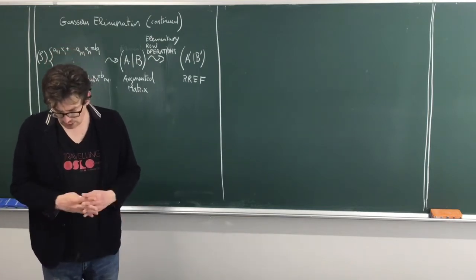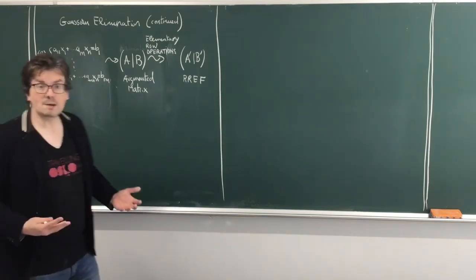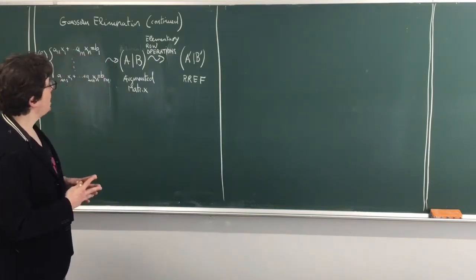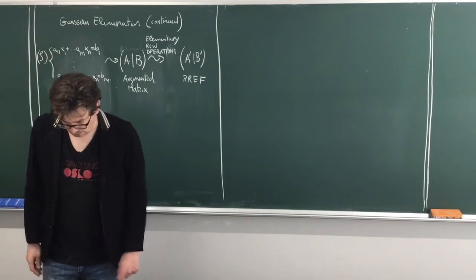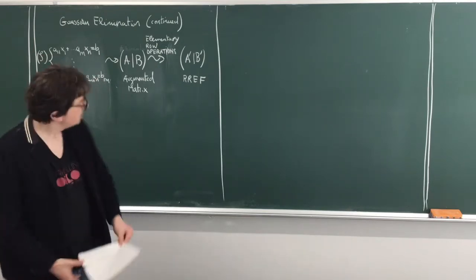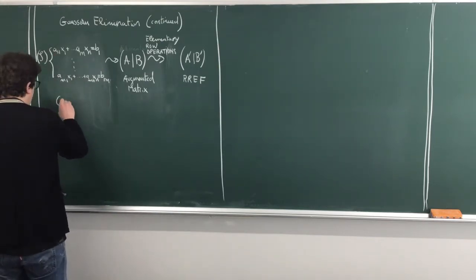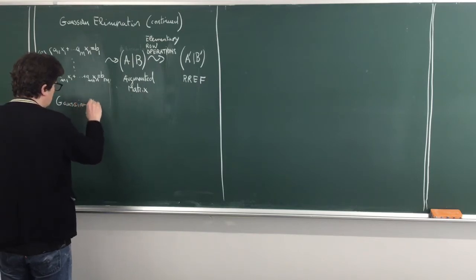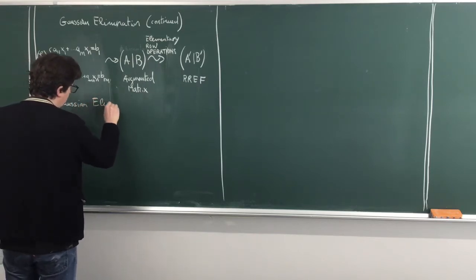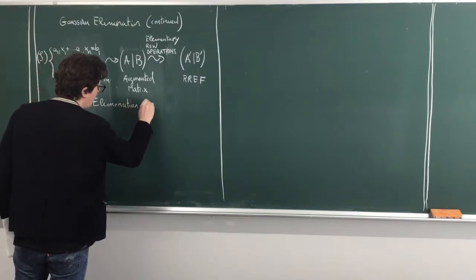In this session we are going to practice and give two examples of computation, and we will finish with some further applications of this Gaussian elimination. So first of all, we are going to see the Gaussian elimination algorithm.